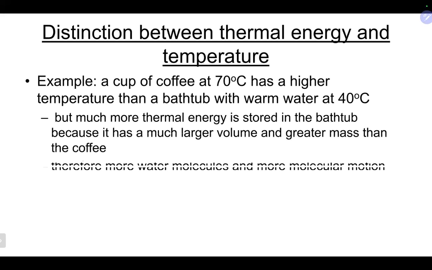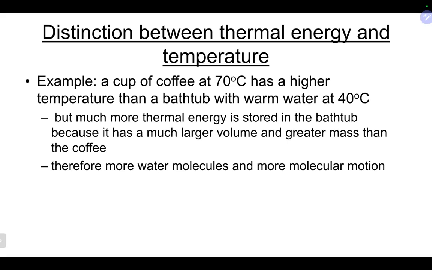So if we had, for example, a cup of coffee at 70 degrees Celsius, it has a higher temperature than a bathtub at 40 degrees Celsius, but the bathtub has much more thermal energy because obviously there are a lot more molecules in a bathtub than a cup of coffee.